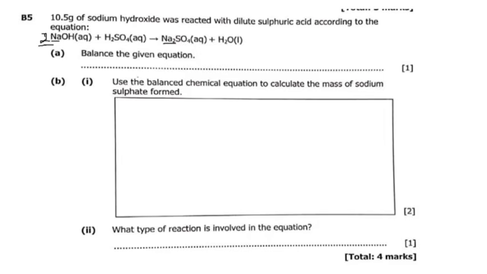We need to also make the oxygen to be 6. So we are going to add 2 on water, so that we make the oxygen 2 plus this 4, 6. Let's check the other side. The other side we have 2 plus 4, 6. So the oxygens are balanced.